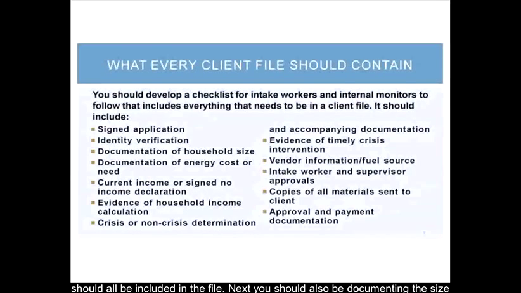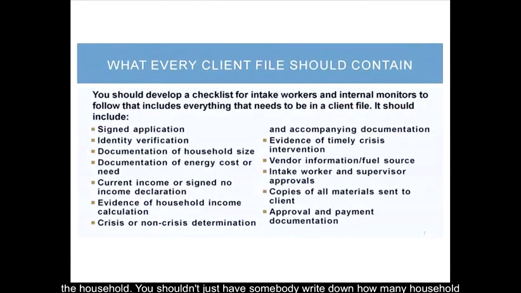Next, you should also be documenting the size of the household. You can list all the household members and their dates of birth and social security numbers on an application, or you can confirm the household makeup from records of other social service programs. But regardless of the process you take, there should be some documentation of the size of the household because the benefit amount that you issue is dependent on the size of the household.